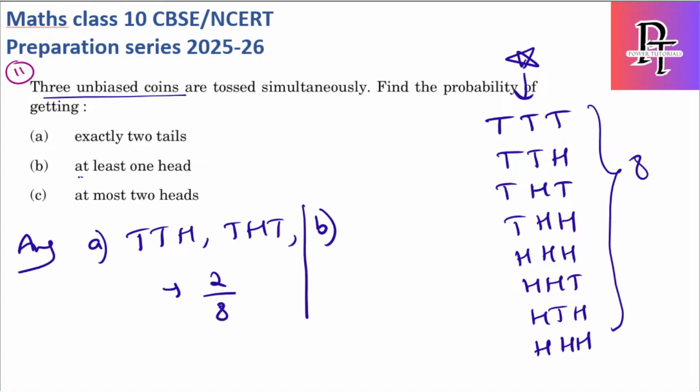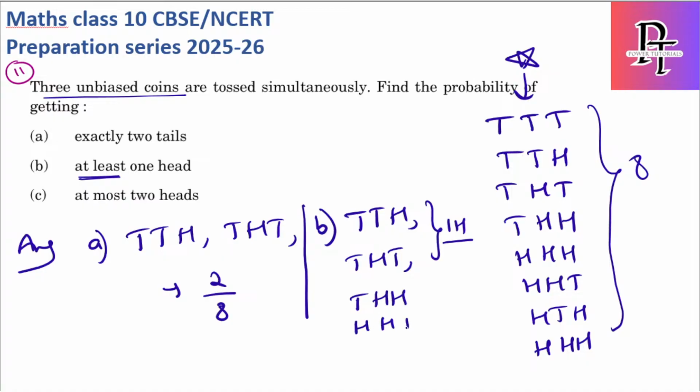At least 1 head. At least means it can have 1 head, 2 heads, or 3 heads. Okay, so 1 head I will write first: TTH, THT. Okay, these are 1 head. Next 2 heads: THH, HHT, HTH.